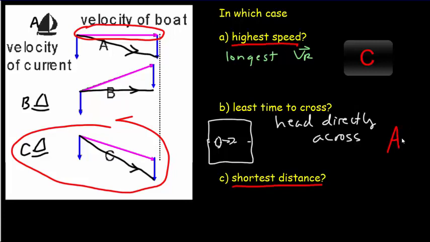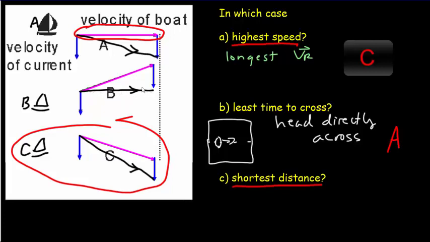Now another way to look at this problem is to think about which one has the largest component of its resultant directly across. And if we do that, here's our resultant in the first one, and this pink vector would be the component directly across. In the second case, here's your resultant, and the component of that resultant directly across is that black vector itself.